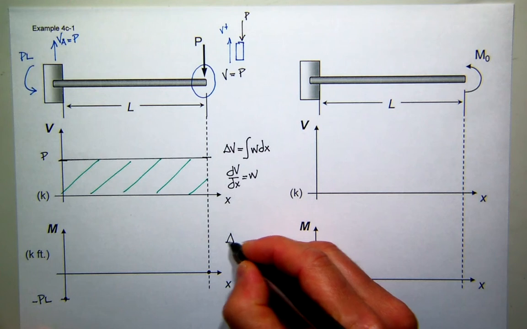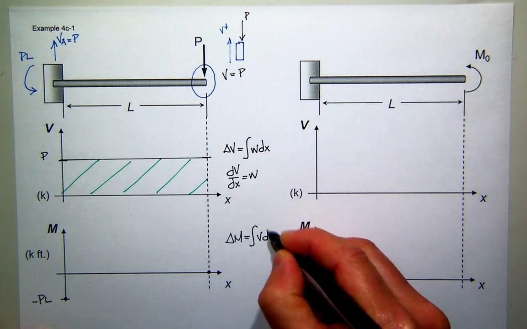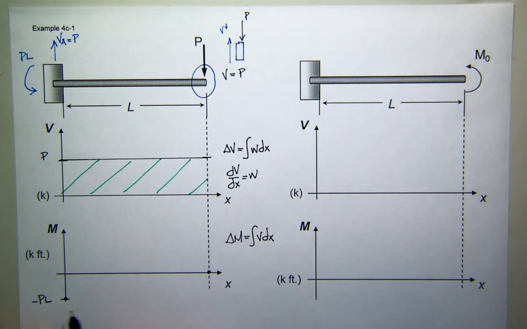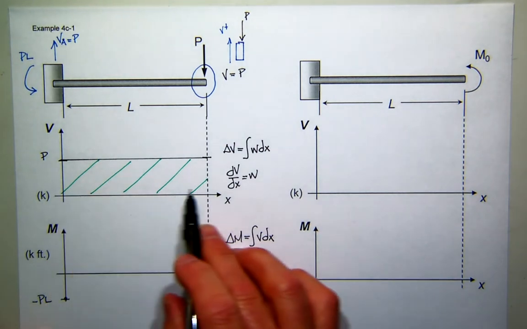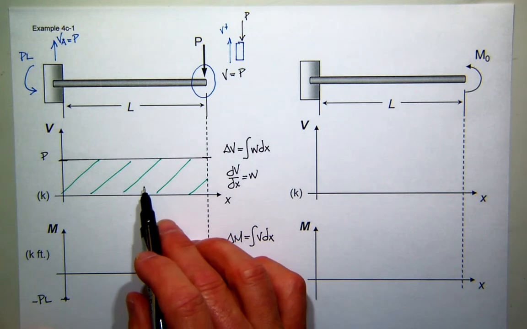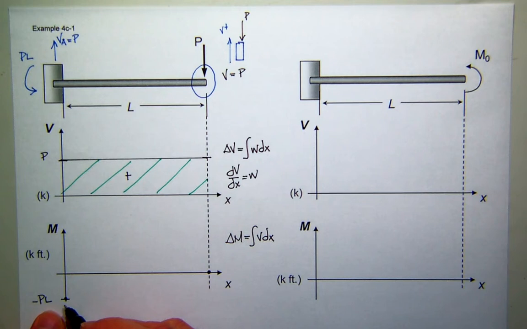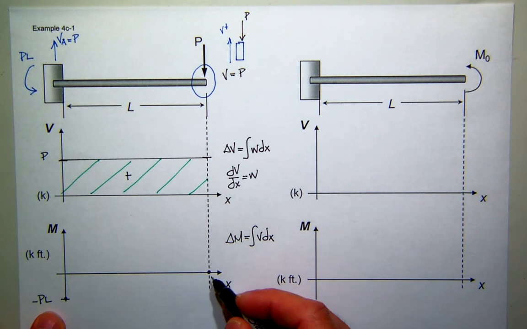Well, let's see. We know that change in moment is equal to the area under the shear diagram. So looking up here, from 0 to L, what's the area under the shear diagram? PL, and it's positive. Right? This is positive area. So if you start at negative PL and you add PL, you get 0. It's great when things work out, isn't it?